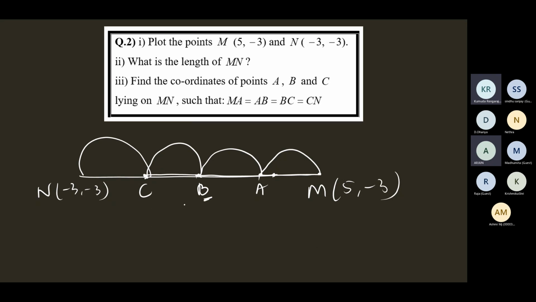So how do we find the coordinates of B? See here, children. B is the midpoint of MN, right? Add the x coordinates of MN, minus 3 and 5. Add.